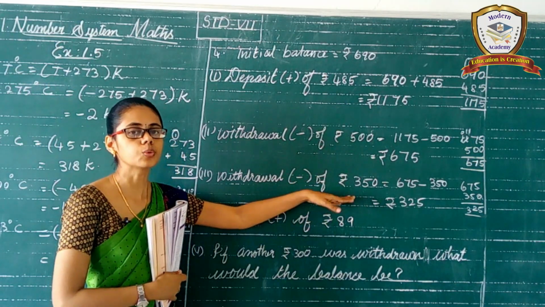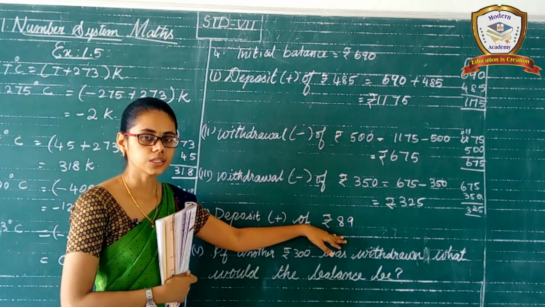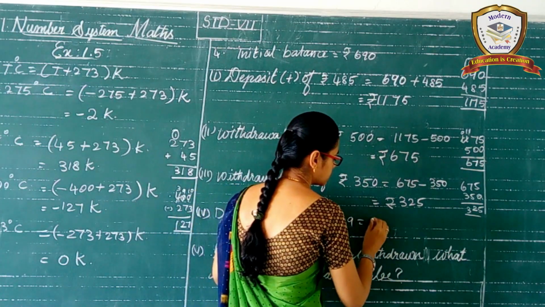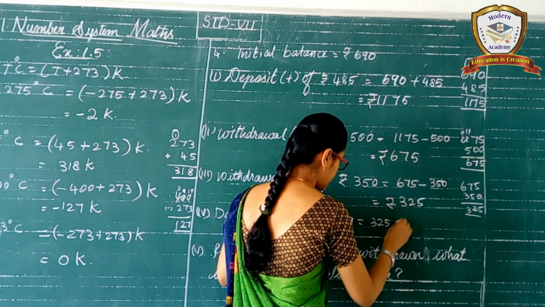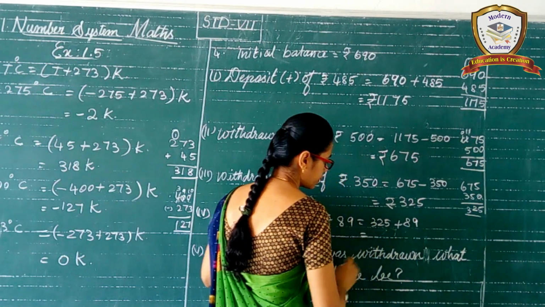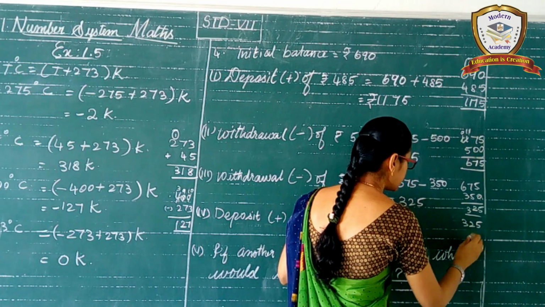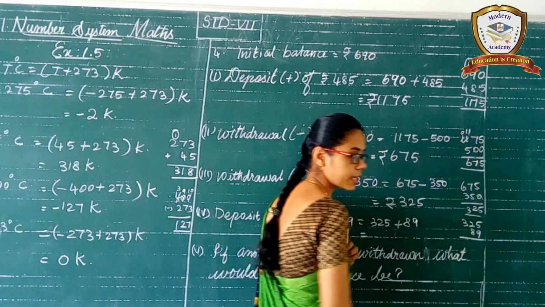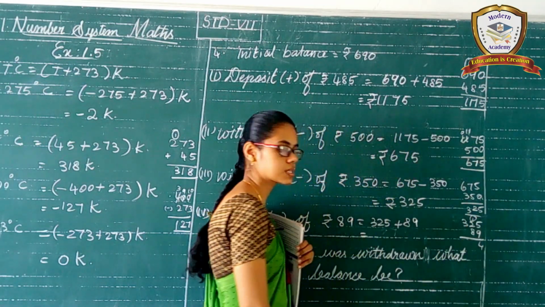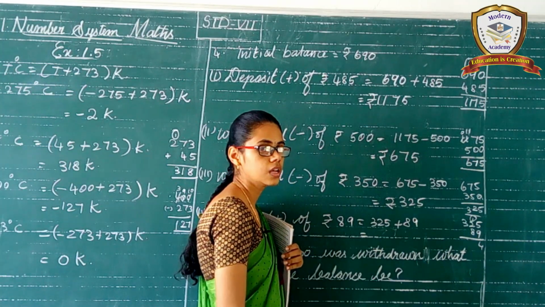And next, deposit. To the 325 rupees, it will deposit how much amount? 89. Deposit means you have to add. So 325 plus 89. So we have to add the numbers. 9 plus 5, 14. 4, 1 remains and goes to the next number. 1 plus 2, 3. 3 plus 8, 11.